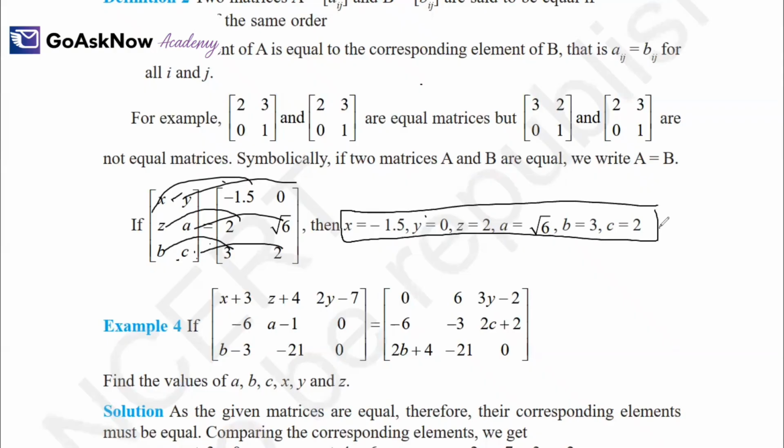Let's move forward and see example 4. If X plus 3, Z plus 4, 2 minus... This is another example of equal matrices, and I hope you can solve it yourself because it is very simple, similar to the previous one.